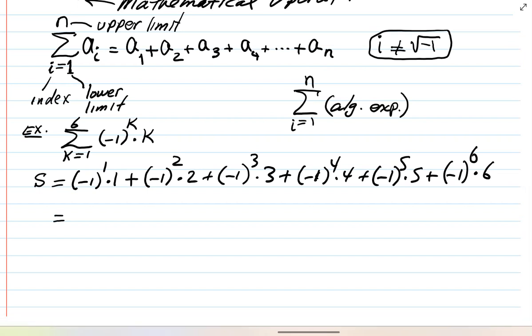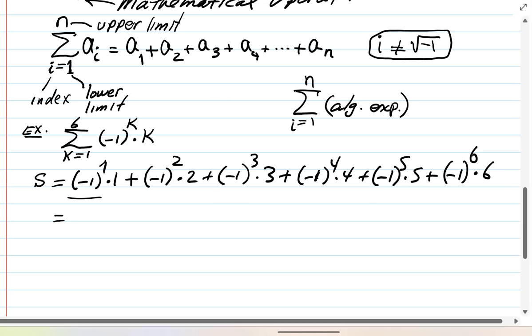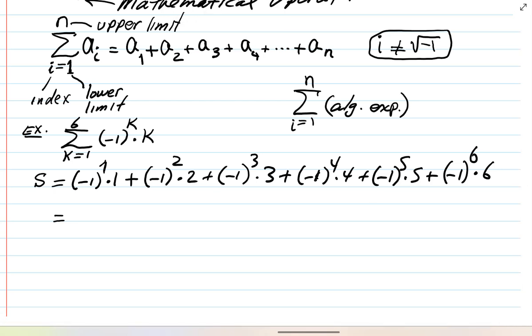And then we actually do the arithmetic now. Remember, -1 to odd powers would be -1, and to even powers is going to be 1. So I'm just going to write this thing out. It's going to be -1. Next one, (-1) squared is 1. 1 times 2 is going to be 2.